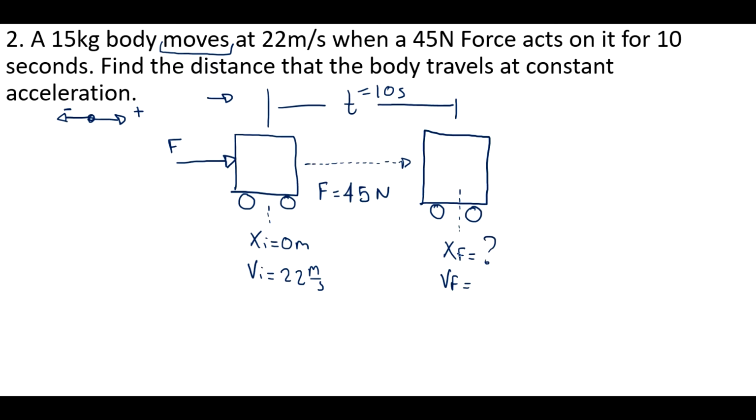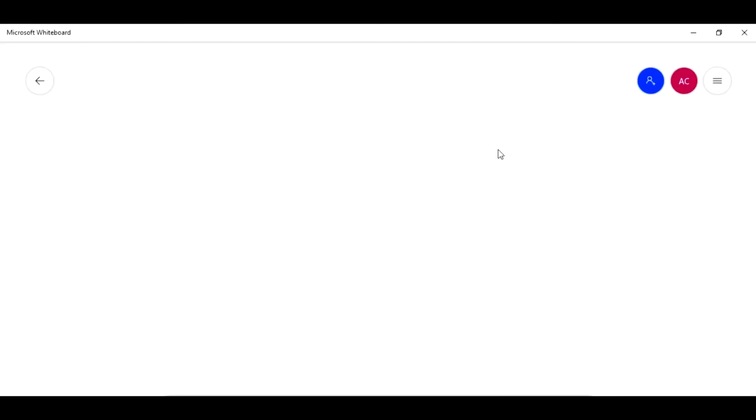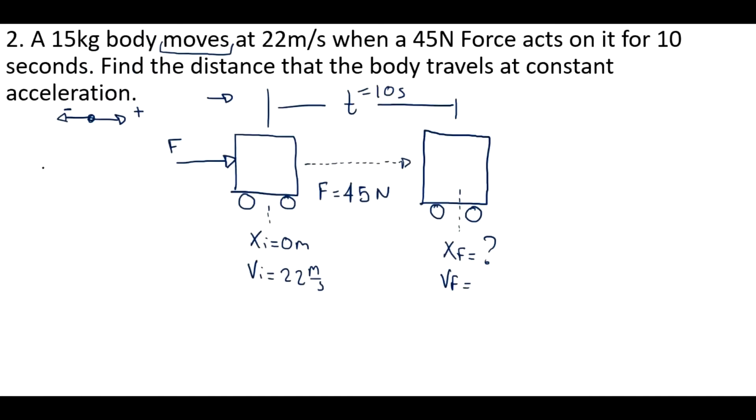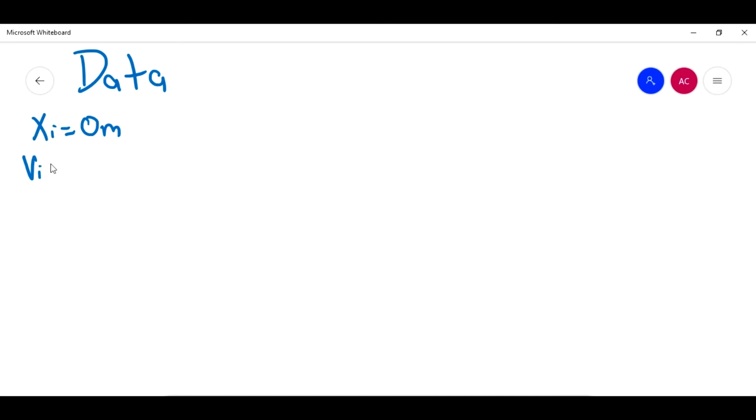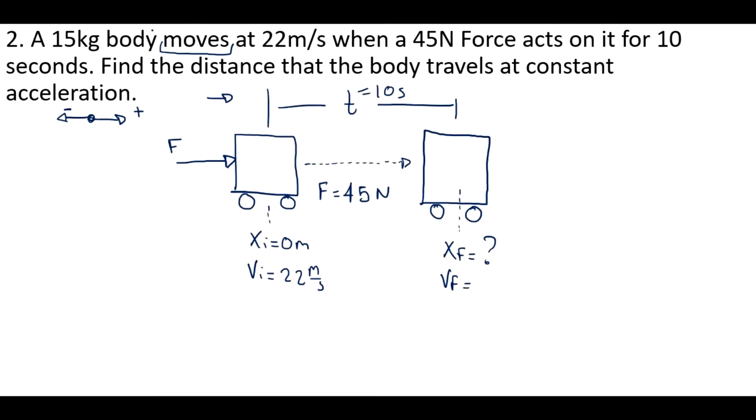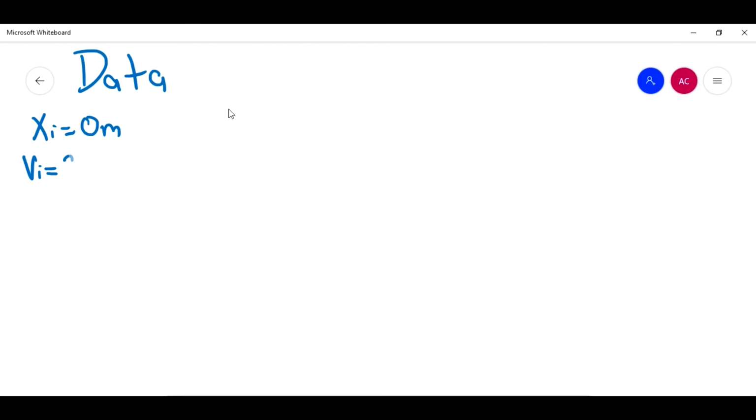Now I'm going to solve this problem in another window. I'm going to write the data again. The initial position is 0 meters. Remember that most of the times it is 0 unless the problem says something different. The initial velocity is the initial velocity that the body has, 22 meters per second.